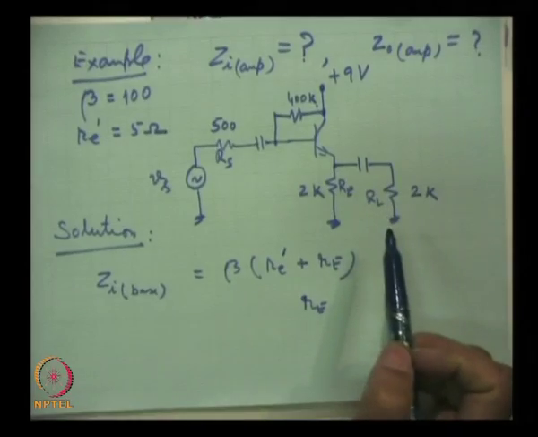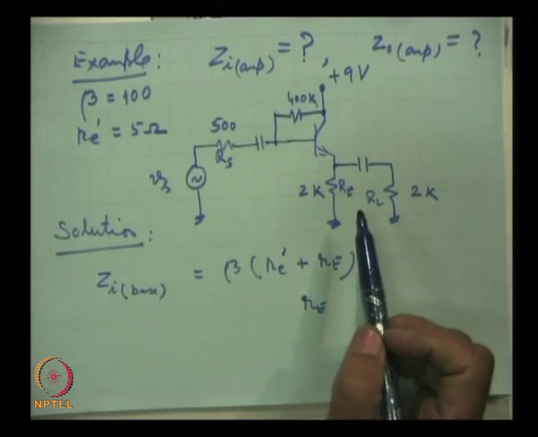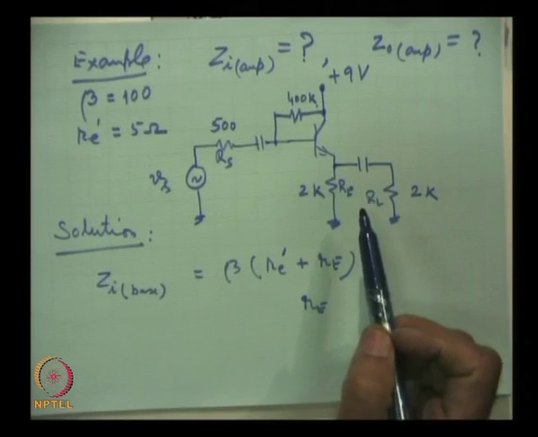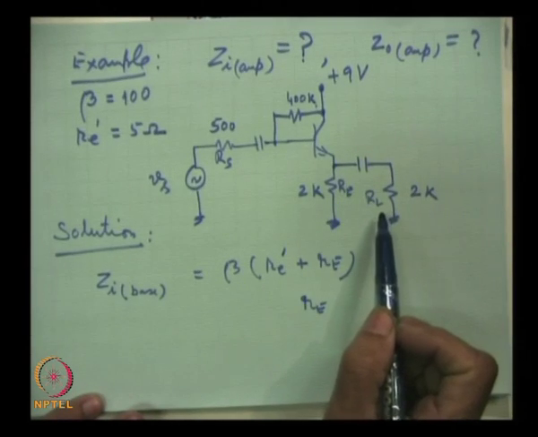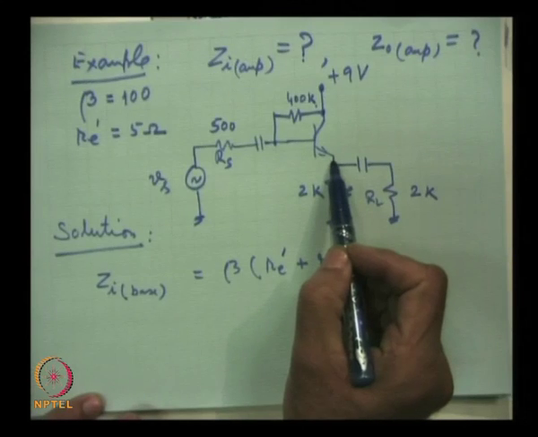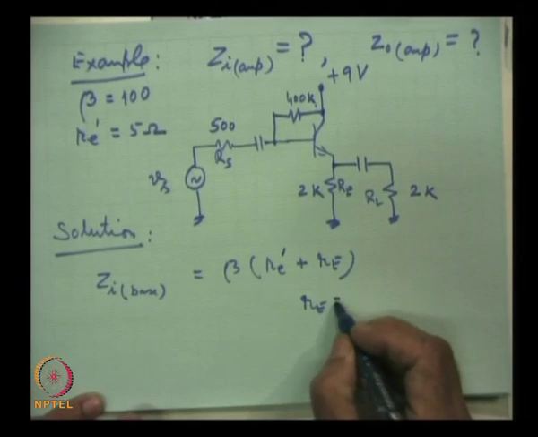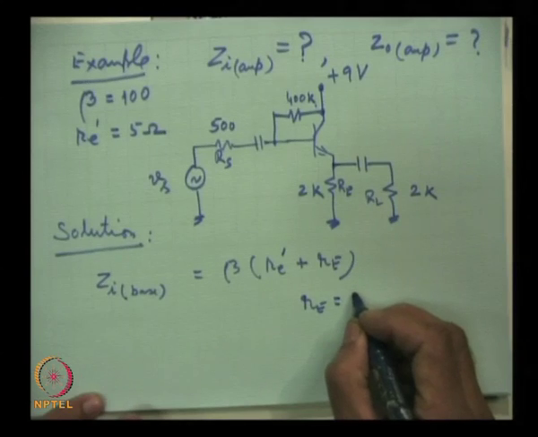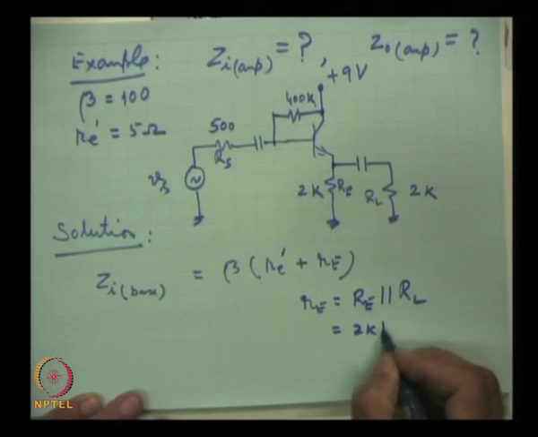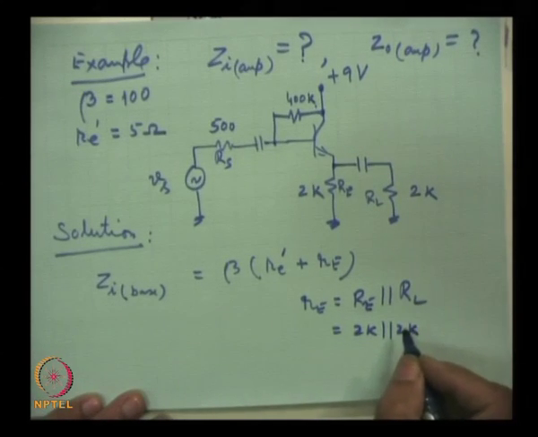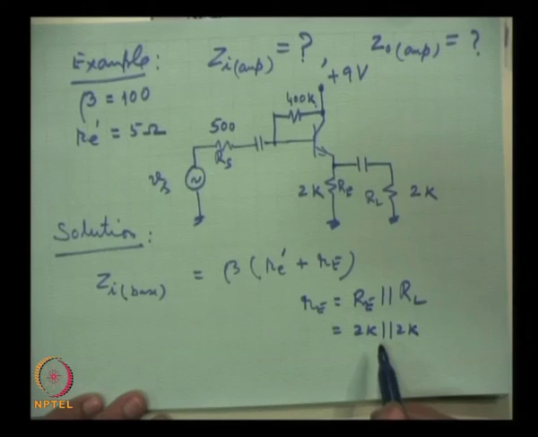Now, you remember that in AC analysis all capacitors are taken as shorted. So, this is shorted, then these two resistances will come in parallel, and this is what the emitter is seeing. Therefore, this is equal to RE in parallel with RL, that means 2K in parallel with 2K. Use the formula for parallel combination of resistances: 1 by R is equal to 1 by R1 plus 1 by R2, and find out the value of R.